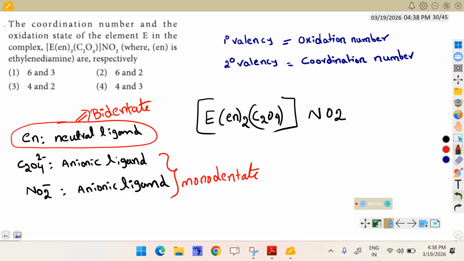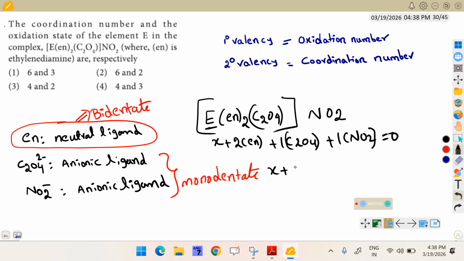The next question: the coordination number and the oxidation state of the element E. First calculate the oxidation state. X plus 2 into en plus 1 into C2O4 plus 1 into NO2 is equal to 0. We know that en is a neutral ligand, oxidation state 0. C2O4 is minus 2, NO2 is minus 1.